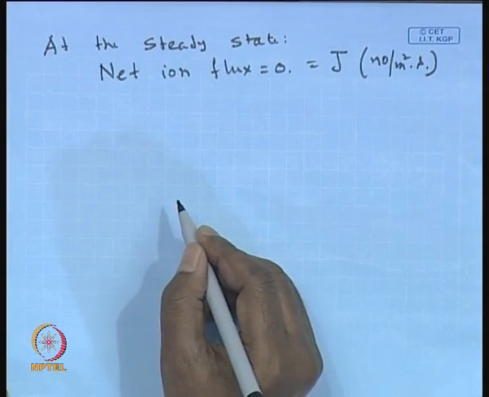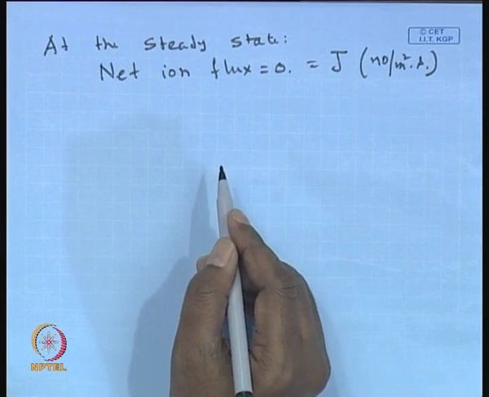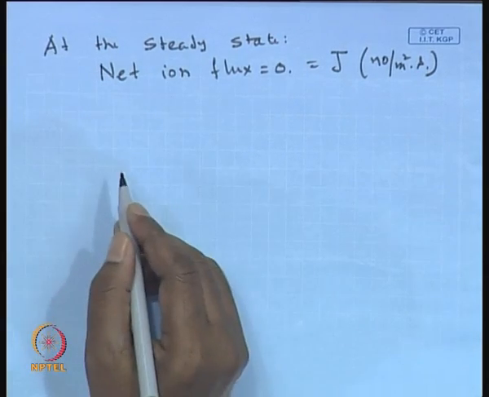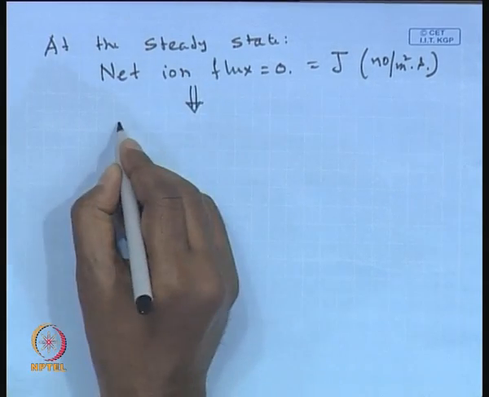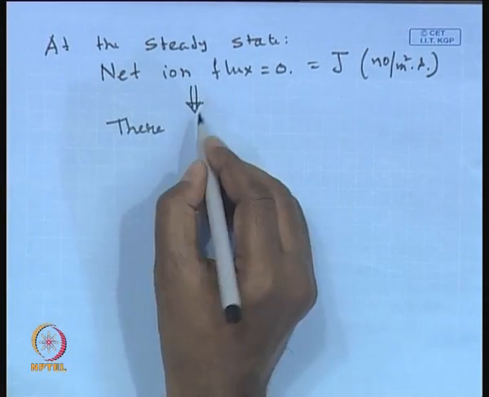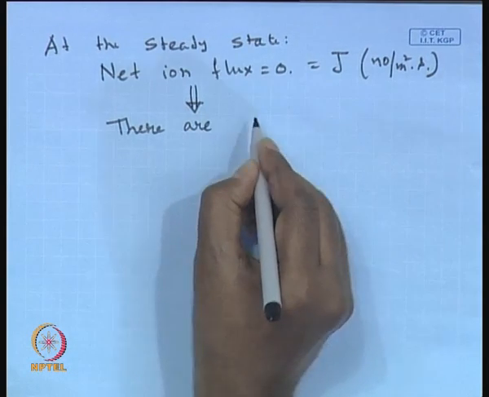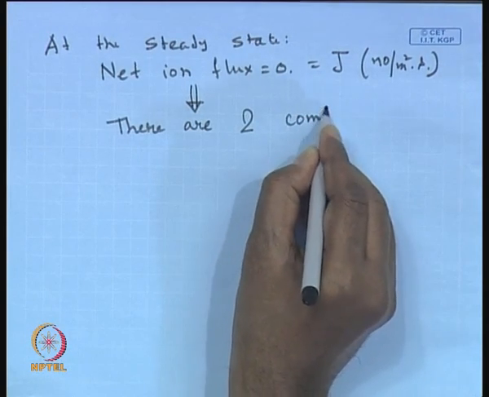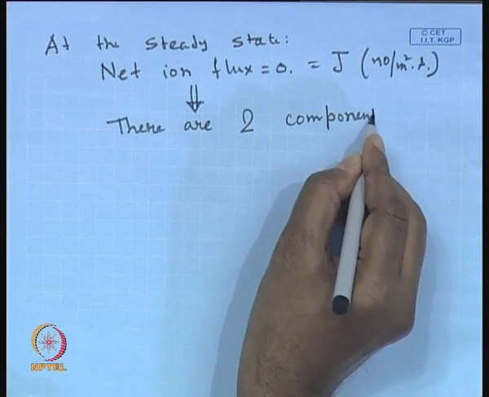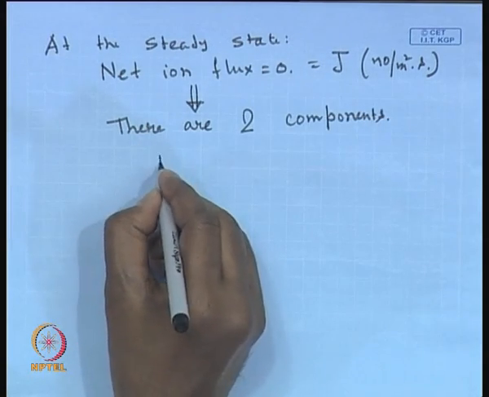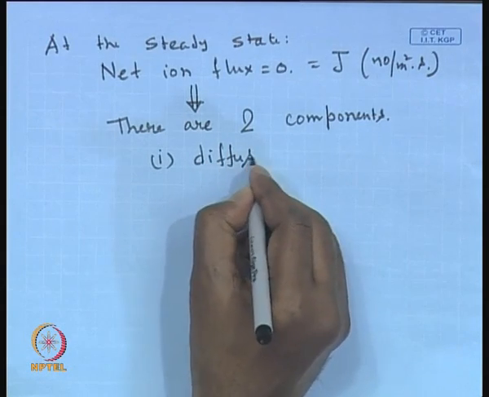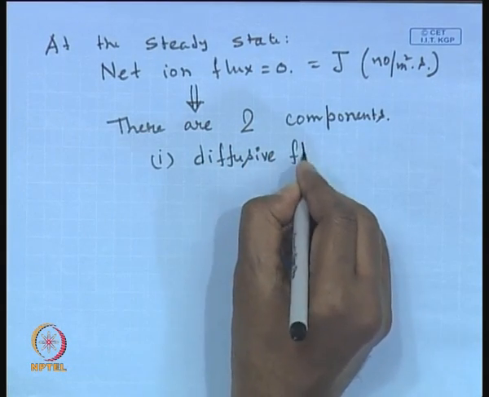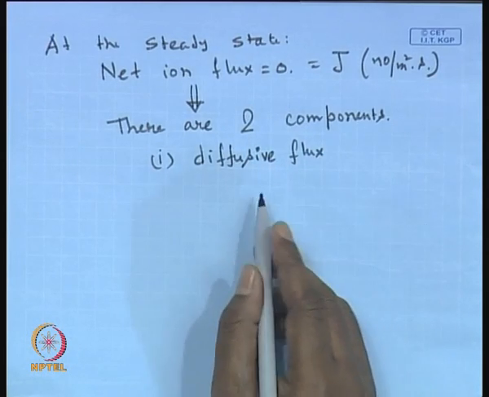So, that is the net ion flux, and this ion flux will be constituted by two components. One is the diffusive flux. What is the diffusive flux?